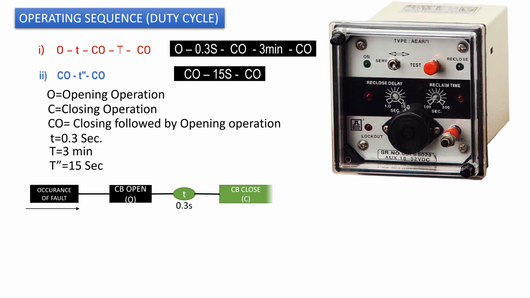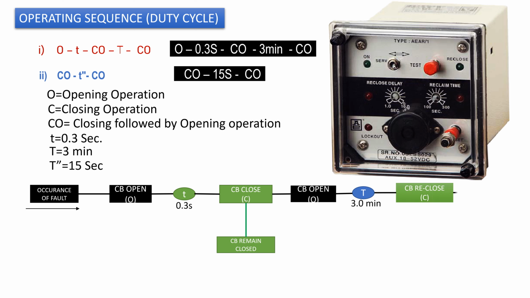If the fault clears, the circuit breaker remains closed. If not, CO, closing is followed by opening. Interval of 3 minutes. Closing. If not OK, then C is followed by opening O.